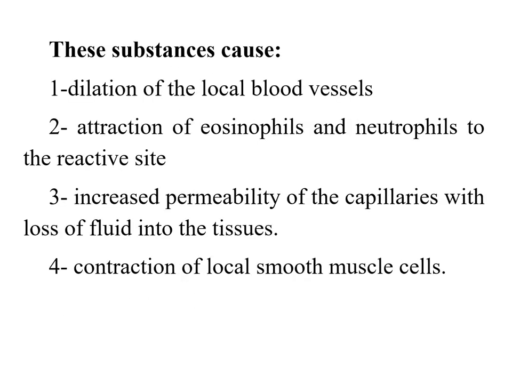These substances which are released from the mast cells and basophils lead to the following. First of all, dilatation of the local blood vessels and attraction of the eosinophil and neutrophil to the reactive site, increase in the permeability of the capillary with loss of the fluid into the tissue, finally contraction of the local smooth muscle cells.